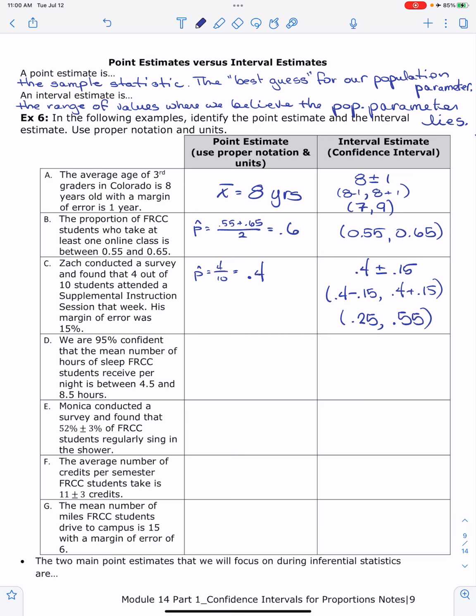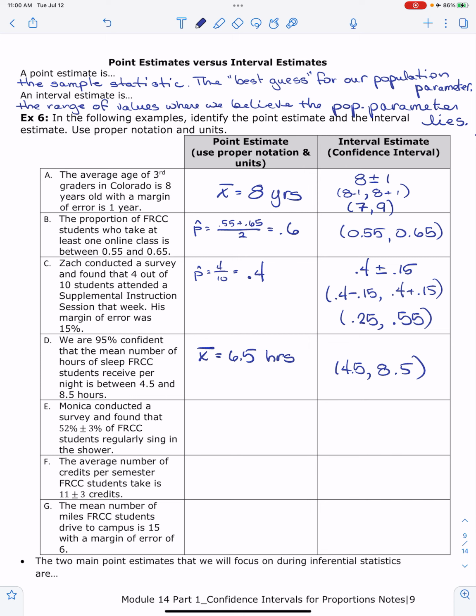D, we are 95% confident, and that's going to make a little more sense in the next couple of pages, that the mean number of hours of sleep FRCC students receive per night is between 4.5 and 8.5 hours. So we are starting with our confidence interval, 4.5 to 8.5. Our sample mean then is 6.5 hours.